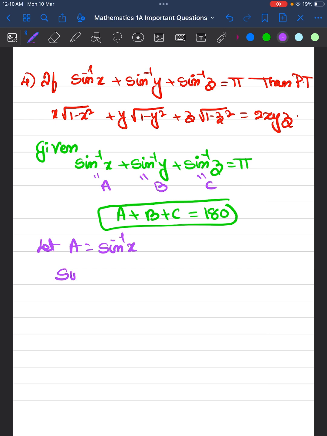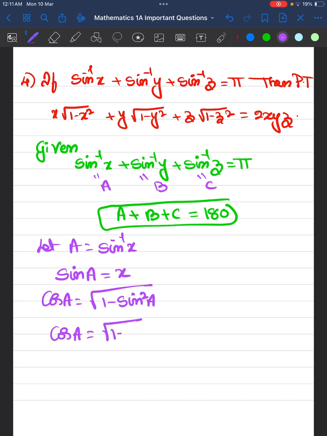Then sin A is nothing but x. After knowing sin A, we can easily write the cos A value as root 1 minus sin square A. So the cos A value will become root 1 minus x square. When sin A is x, cos A will be root 1 minus x square.